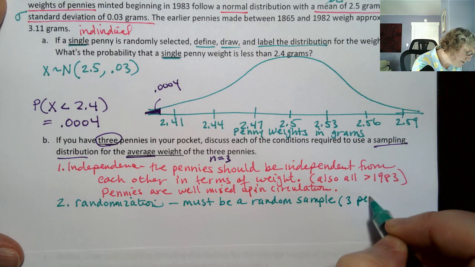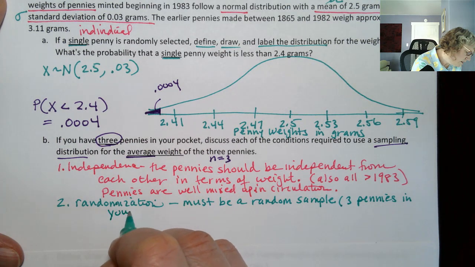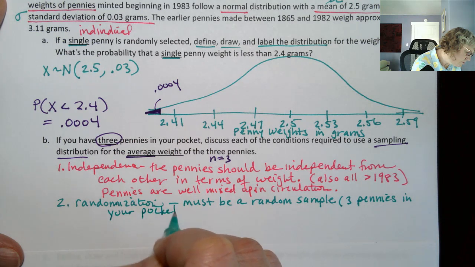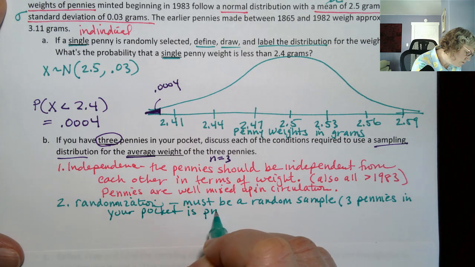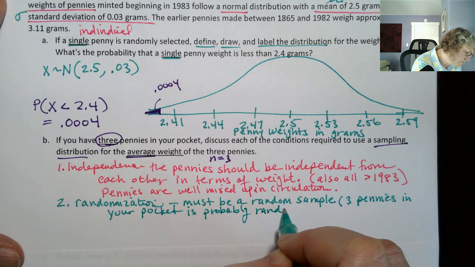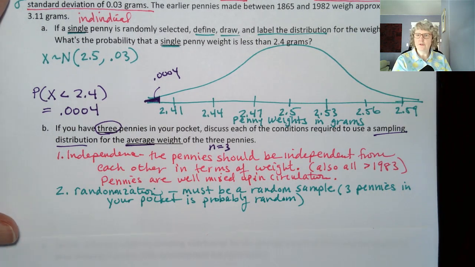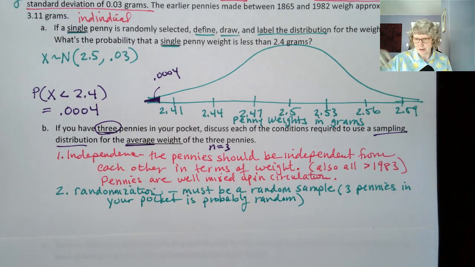Three pennies in your pocket. It is probably random. However, if you wanted to make sure, you could go to your whole change jar and randomly mix them all around, randomly select a random sample, making sure they're all 1983 or greater. Otherwise, you're going to have a lot heavier one stuck in there.